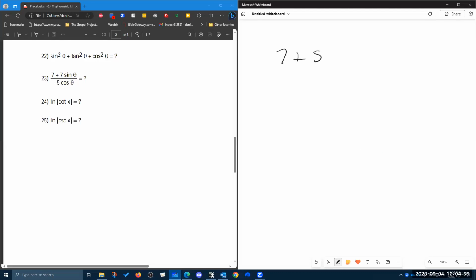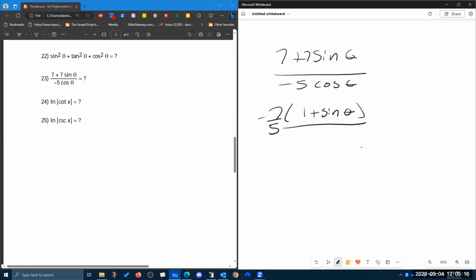Seven plus 7 sine over -5 cosine is going to be -7/5 times 1 plus sine over cosine.